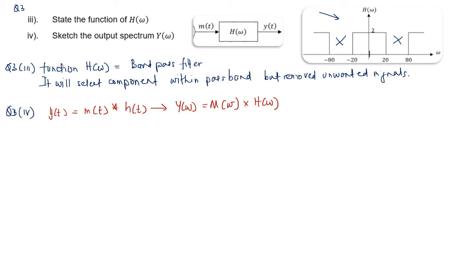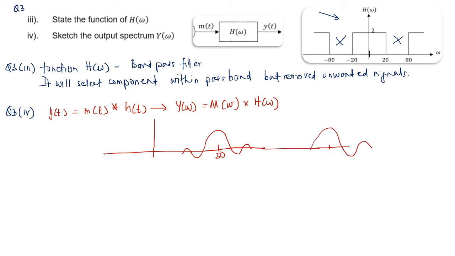So your M(omega) looks something like this. At 50, you have one sinc function, and at 100, you have another sinc function. The magnitude is 1, so this is your M(omega).